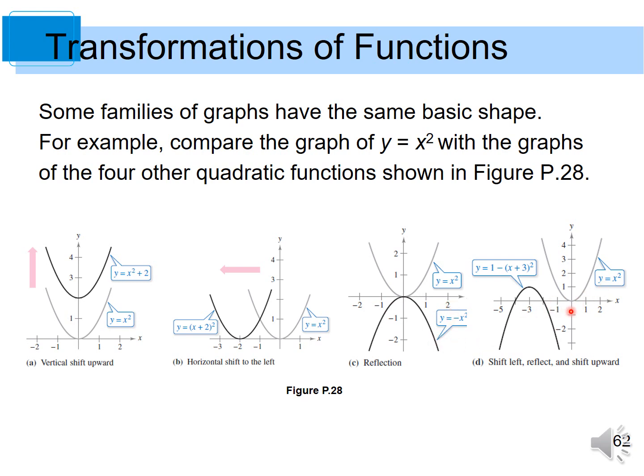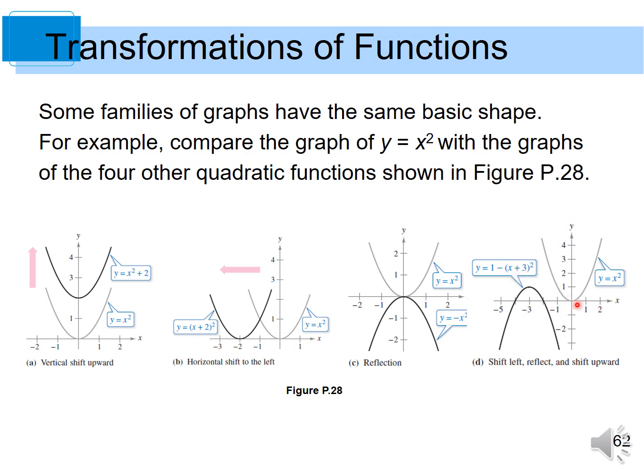And look at the last one, y equal to 1 minus (x plus 3) squared. In this function, we have 3 operations. We should perform the operations from the inner part to the outer part. The inner part is in this bracket, x plus 3.